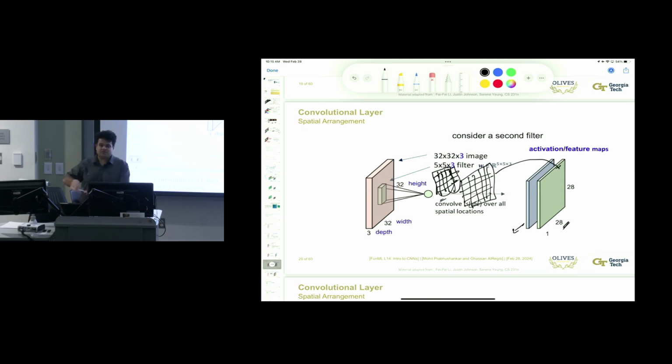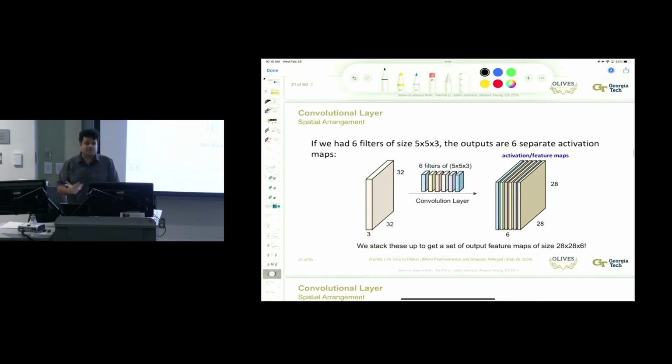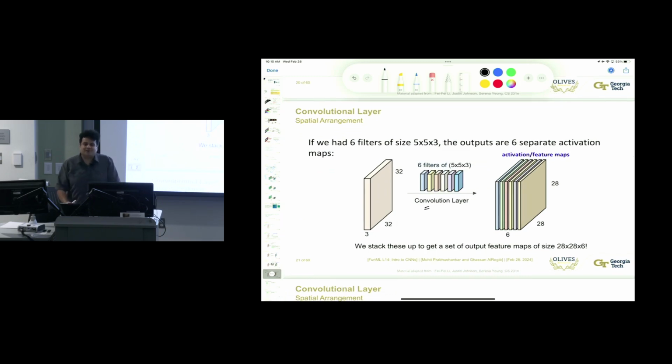Now I have two activations, or two feature maps, based on the kernels that I have chosen. And generally, you don't find one or two kernels. You'll find a lot more kernels in your convolutional neural networks. In this case, let's say I have 6 filters or 6 kernels, my output is going to be 28 cross 28 cross 6. Each kernel will convolve over the input to give me separate activation maps.